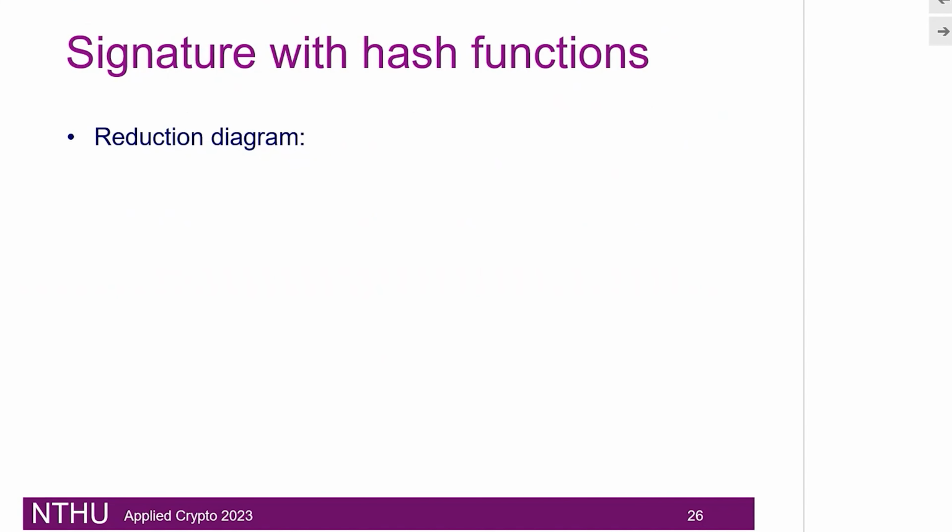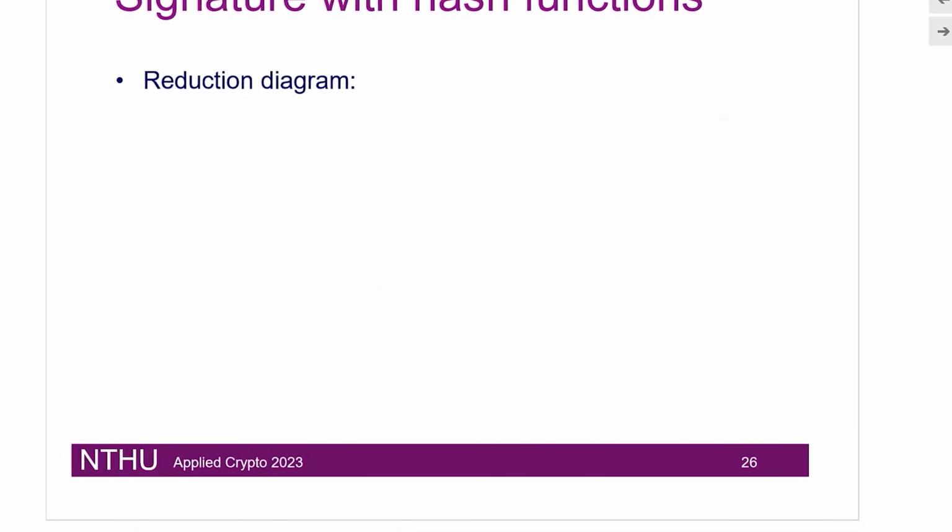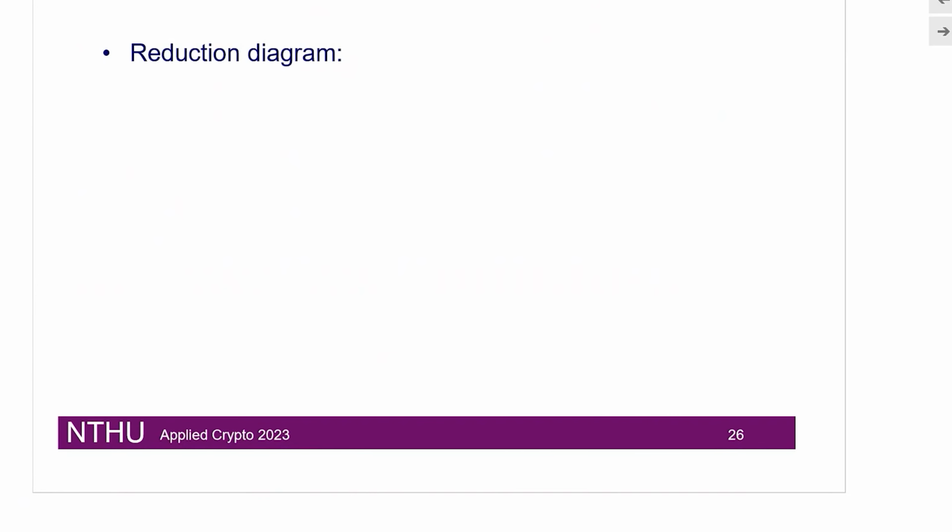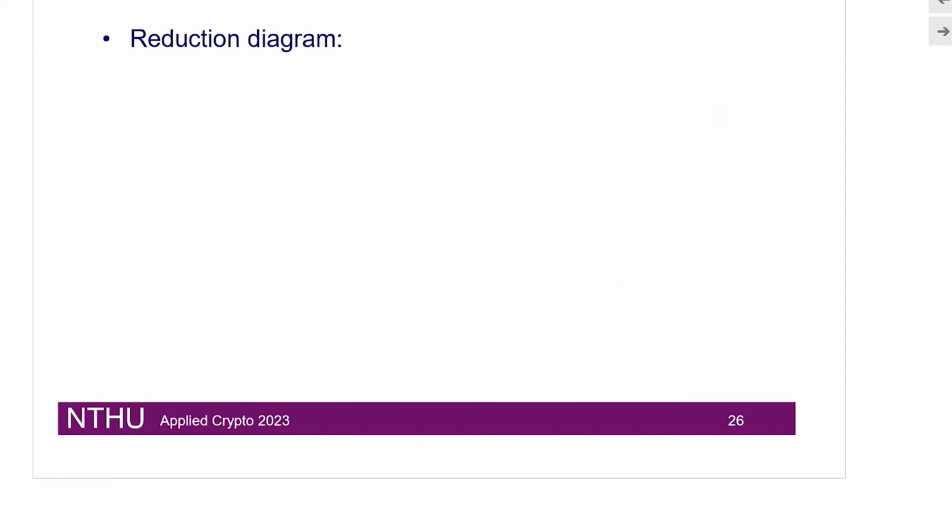So let's discuss now at a very high level how this forgery would look, and what we are going to spend our time on today. The best way to discuss that is the reduction diagram.